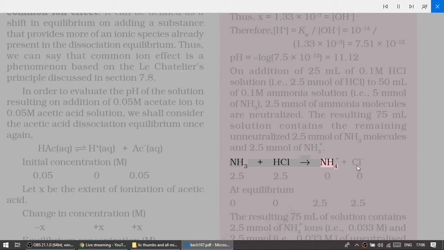NH3 + HCl → NH4+ + Cl-. The resulting 75 mL of solution contains 2.5 mmol of NH4+ ions, i.e., 0.033 M, and 2.5 mmol, i.e., 0.033 M, of unneutralized NH3 molecules.